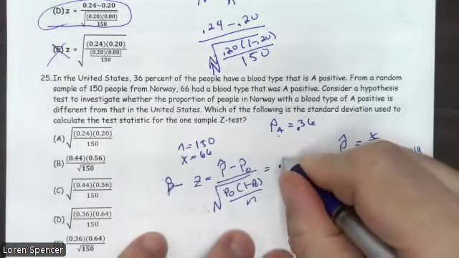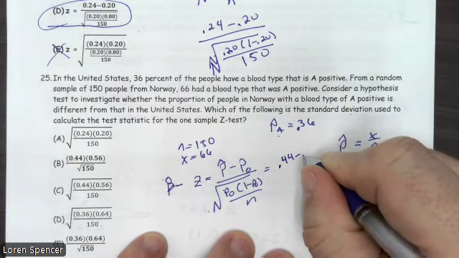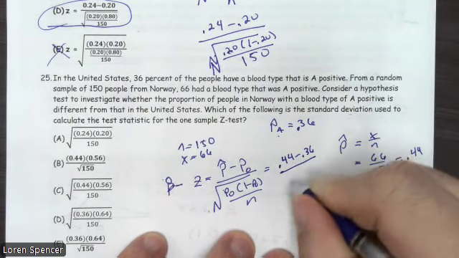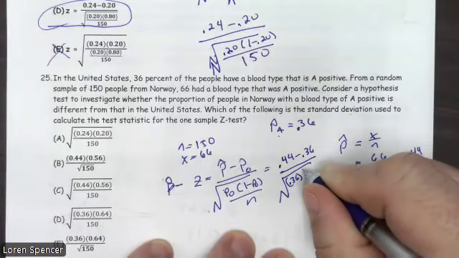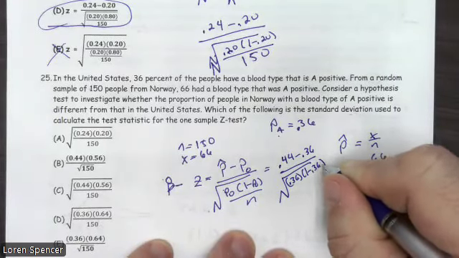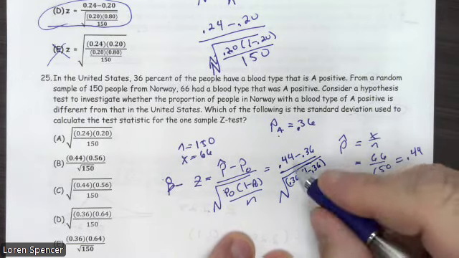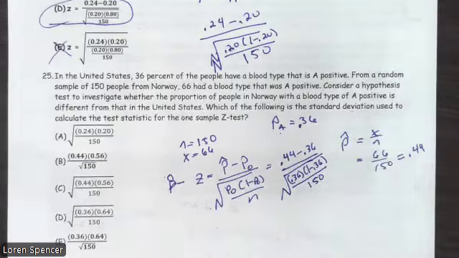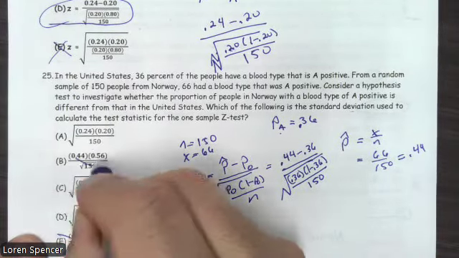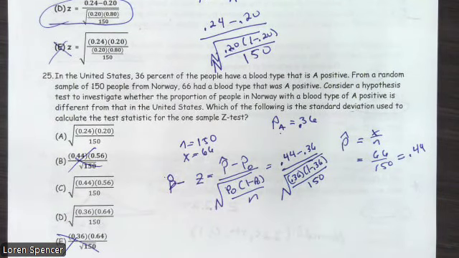So we end up with 0.44 minus 0.36 over the square root of 0.36 times 1 minus 0.36 over 150. All right, well, we can just look at those real quickly and tell that they're not right. And they're asking for the standard deviation.